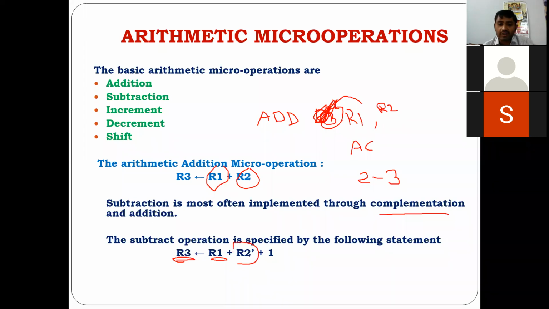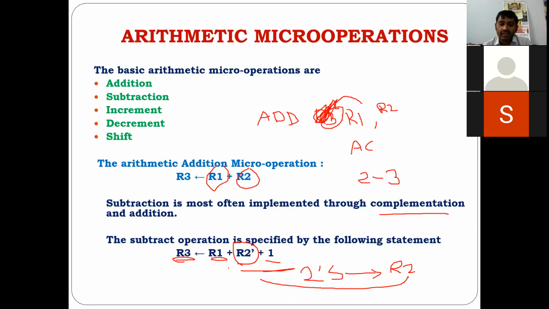The contents of the register R2 will be complemented and then 1 is added, which means it is the 2's complement of register R2. Then this will be added to R1, which means it is performing the operation R1 minus R2, and the result will be stored in R3. This is the subtraction operation in the arithmetic micro operations.